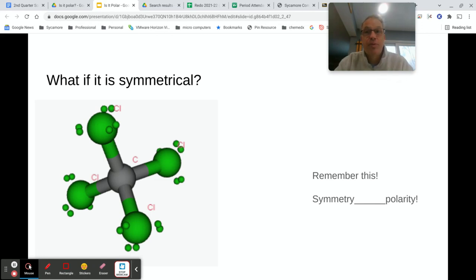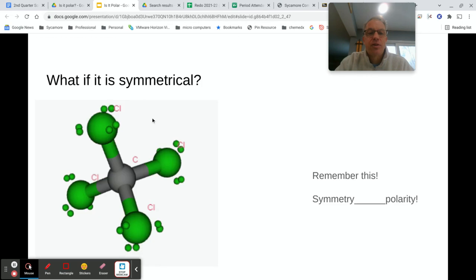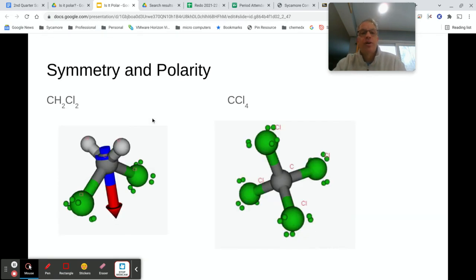Now, one of the really cool things we can do with Atom Smith is click a button that says, show me the dipole. If what I'm saying is right, this one over here should show no dipole, and yet this one should, right? So let's look. And sure enough, symmetry cancels polarity. This has polar bonds and it's not symmetrical.